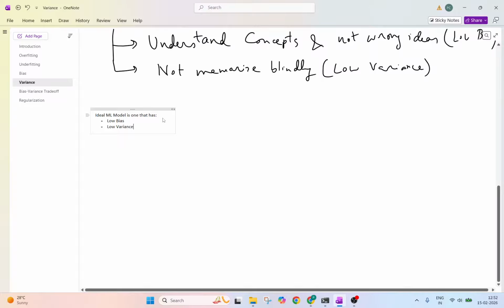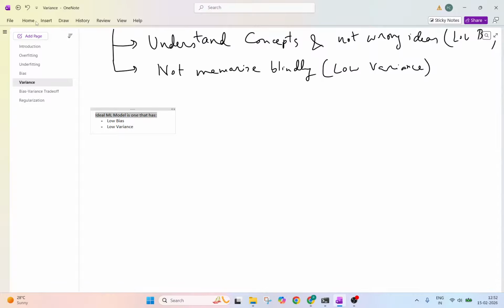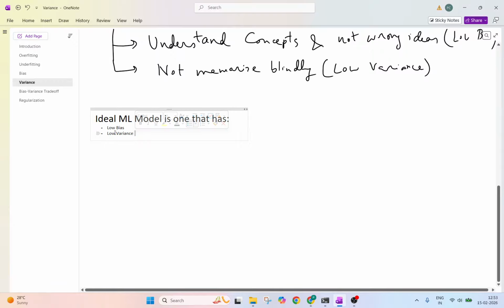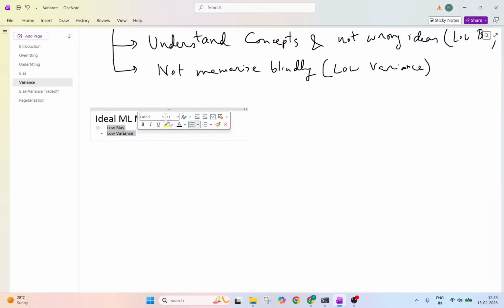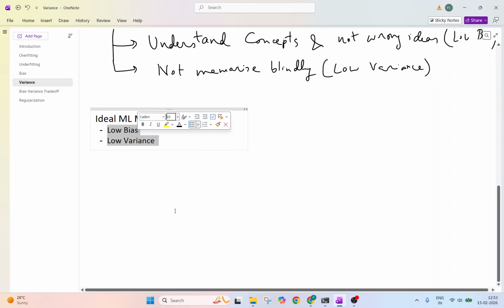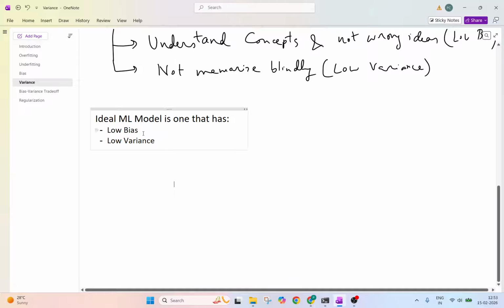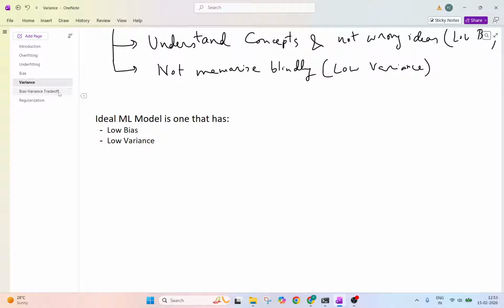So an ideal ML model is one which has low bias and low variance. However, in the practical world, this is impossible to achieve. We cannot achieve both together, right? So here is where the trade-off between bias and variance comes into the picture.